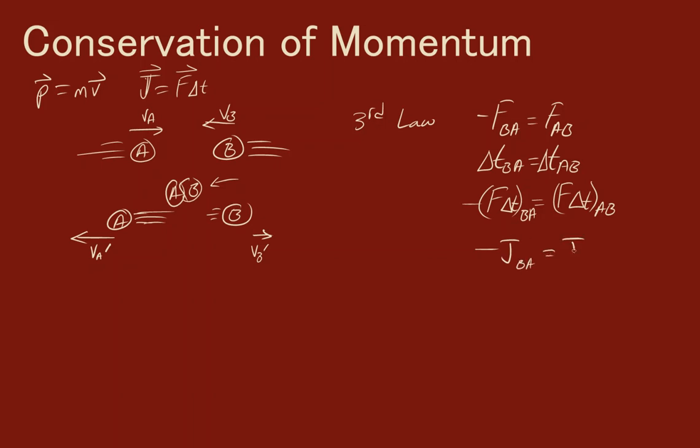So if they experience equal and opposite impulses, keep in mind impulse momentum theorem tells us that impulse causes a change in momentum. So they will experience equal and opposite changes in momenta.